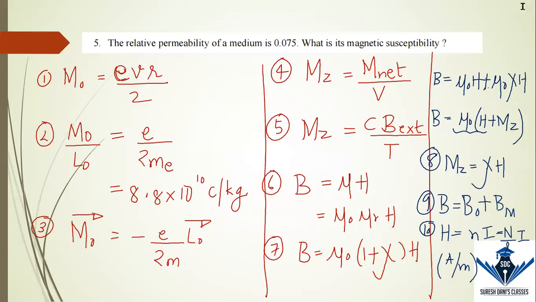Any doubt in this particular chapter? Any formula that you feel doubt? Please let me know. Have you taken it down?